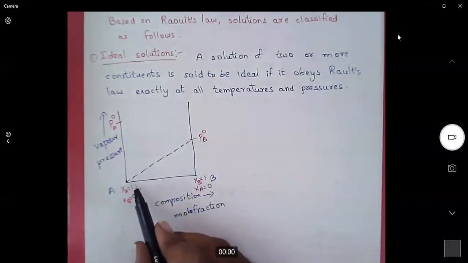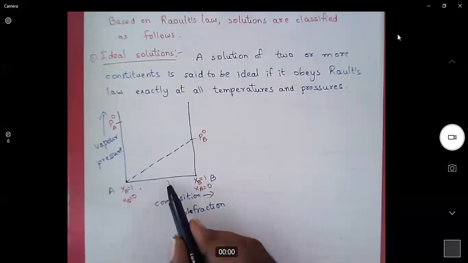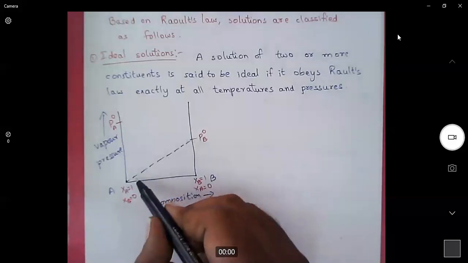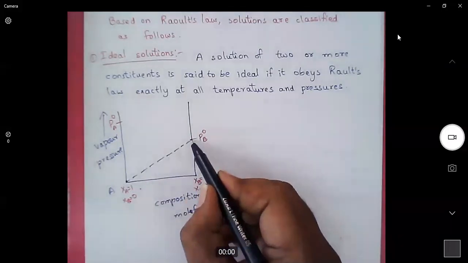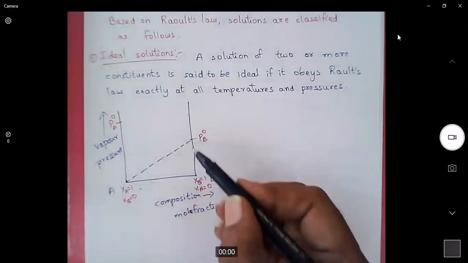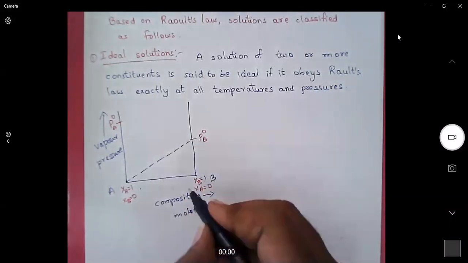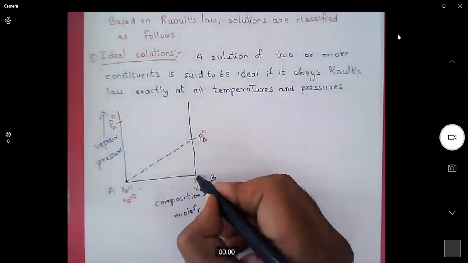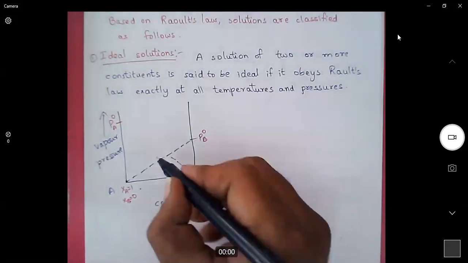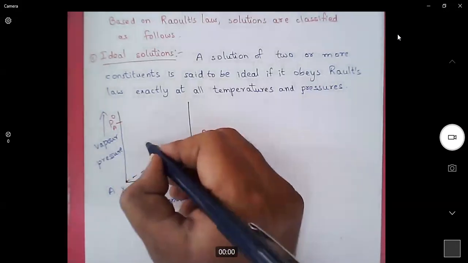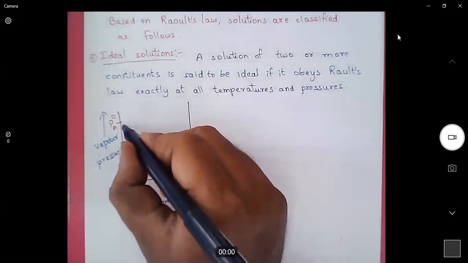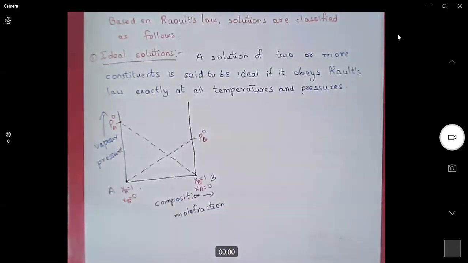When we increase the amount of B slowly, the vapor pressure of B increases and reaches a maximum of PB0. Similarly, if we increase the amount of A, the vapor pressure of A will increase and reach a maximum of PA0.